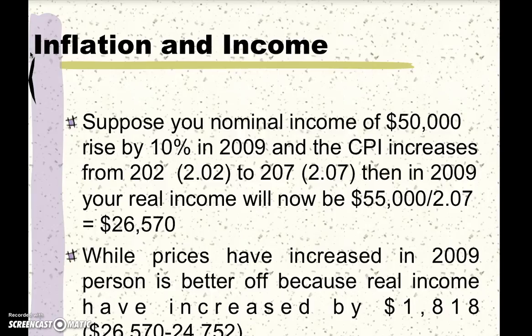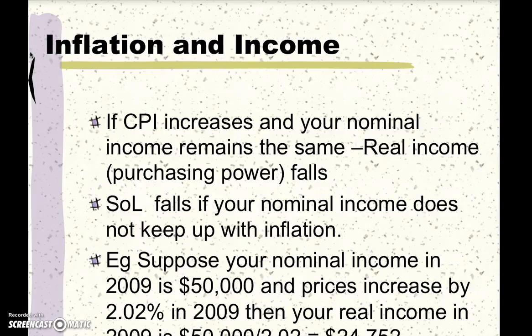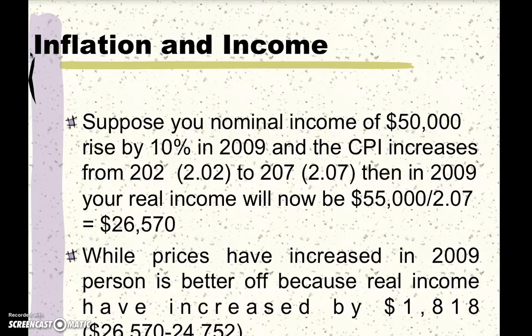So what you're seeing is that as prices increase, if your nominal income is either increasing at the same rate or greater, your purchasing power is either going to remain unchanged or increase if the nominal amount is greater than the inflation rate of increase.